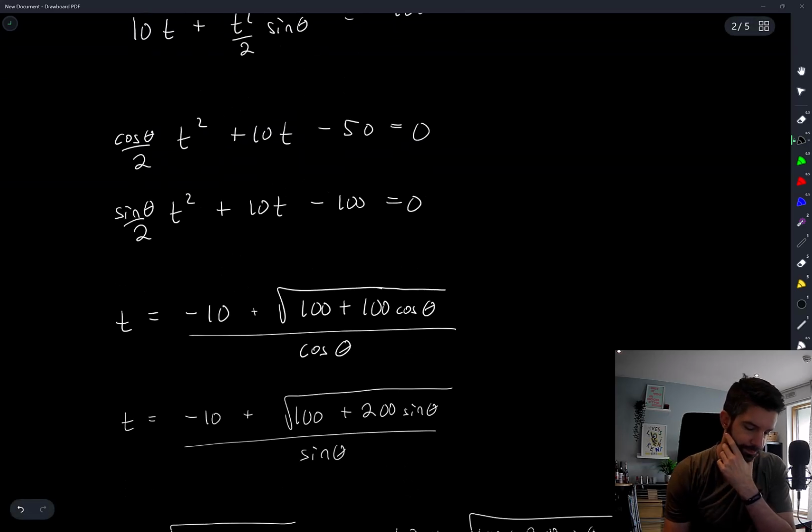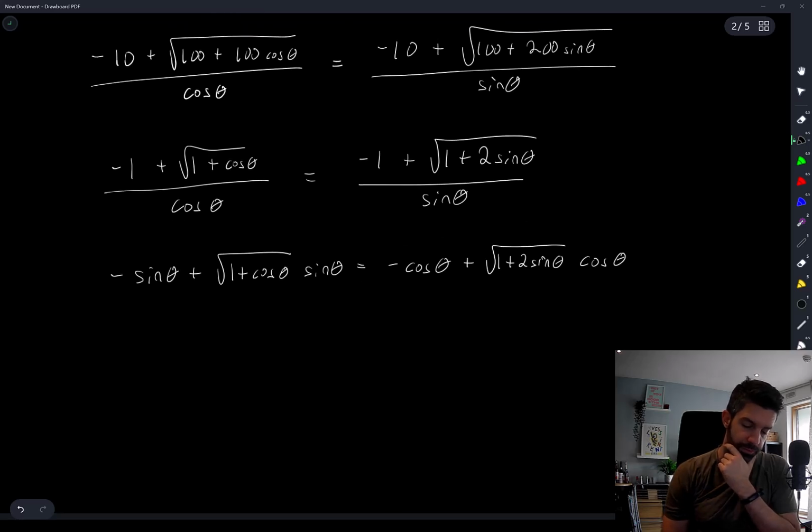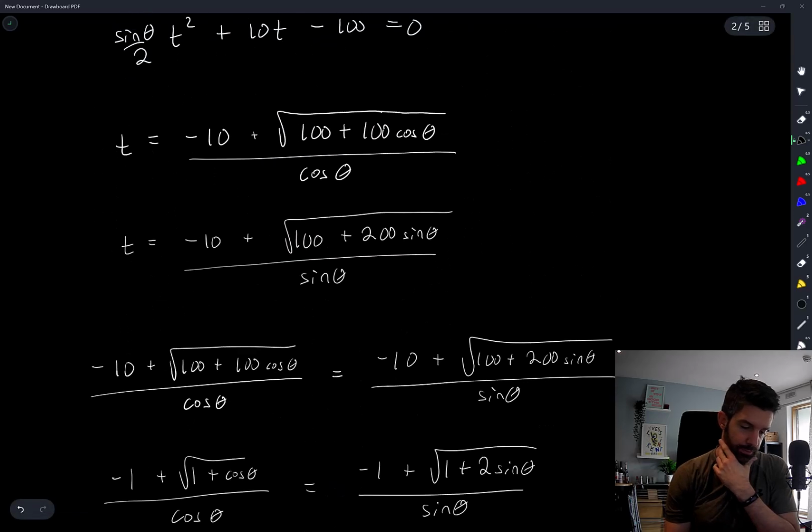Here's a relation which, in theory, gives us a value of theta. And then we're done. At this point, it turns into whether there are any trig identities or anything like that which can conveniently solve this.